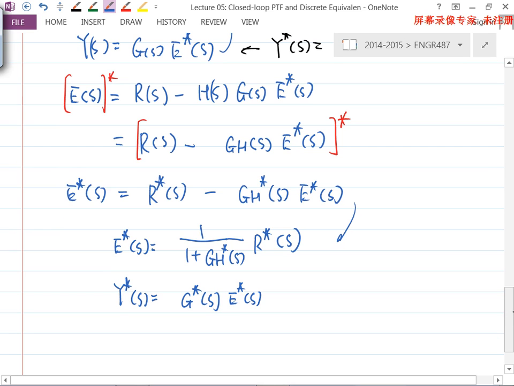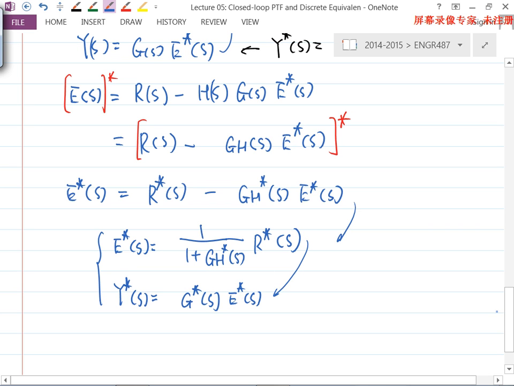So these two together, right? We can find the ratio between Y star over the R star. So what's the ratio? You basically substitute the E star from here over here, and then find the ratio, right?